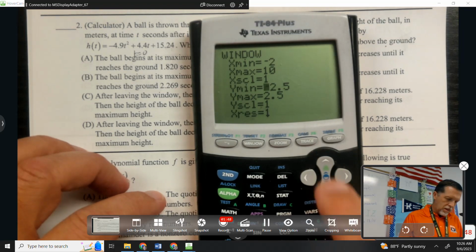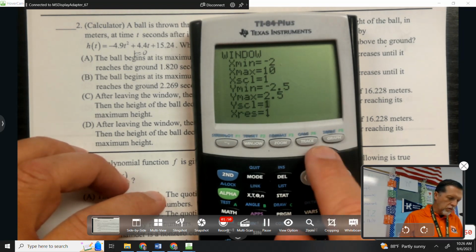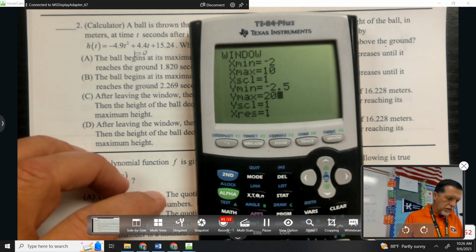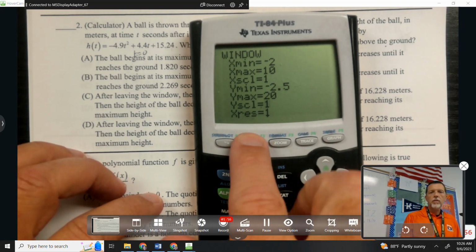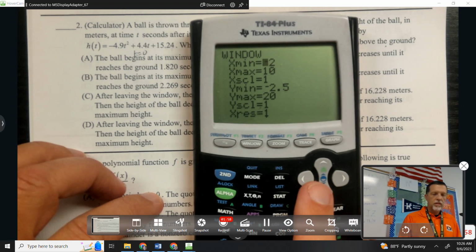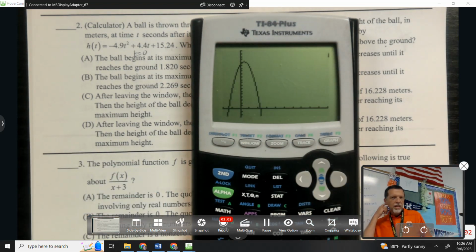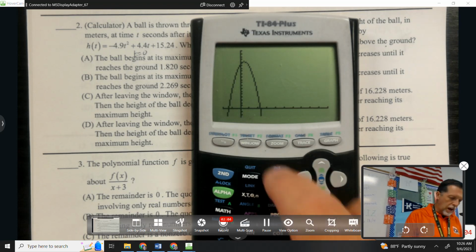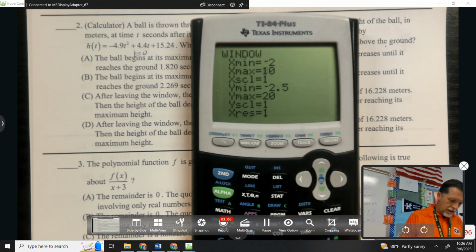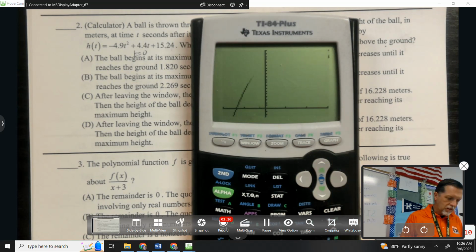Y min, we're 15 meters up and it's thrown up, so maybe it gets up to 20 meters, maybe. Okay, that's not a terrible graph. I'd shorten up my x's. It's definitely not in the air 10 seconds. Maybe it's in the air 3 seconds. Yeah, I'll go with that.